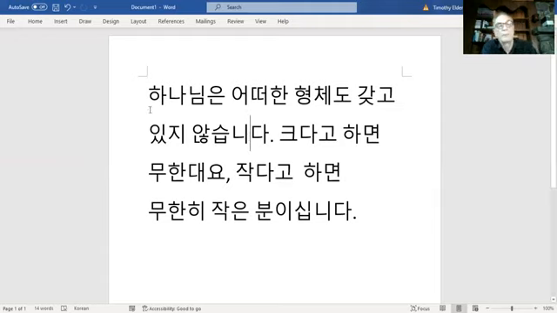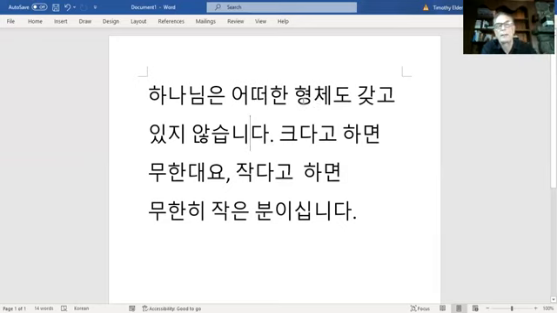Okay, let's review. So 하나님은, okay, 하나님은. 어떠한, okay, 어떠한. Remember, this is a sort of explosive consonant there because it's a double consonant. 어떠한. 형체도. This is aspirated.